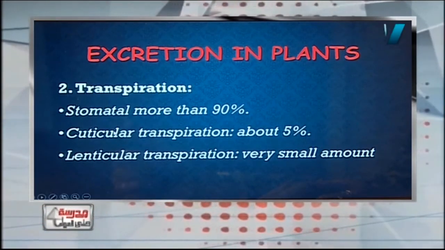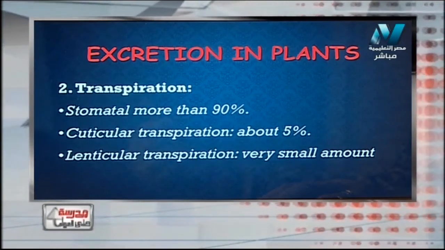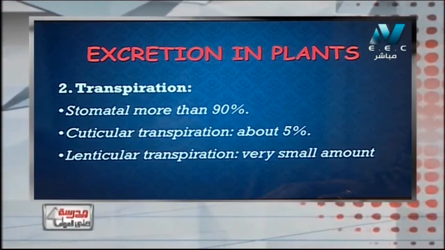Its function is to prevent the evaporation of water from the plant, because the plant carries out absorption of water from the soil, and it exerts a very high effort to absorb this water by osmosis. And the cuticle layer must prevent the evaporation of water.